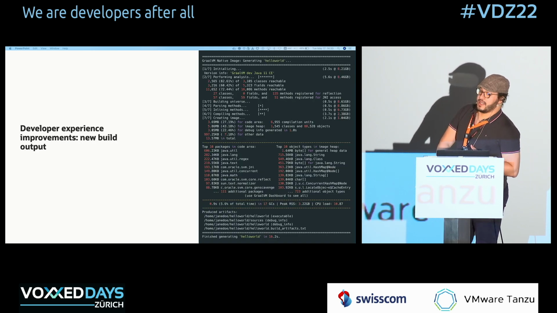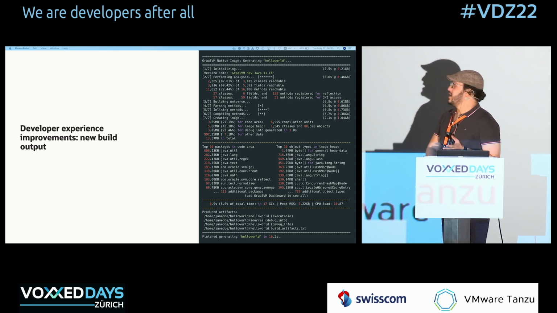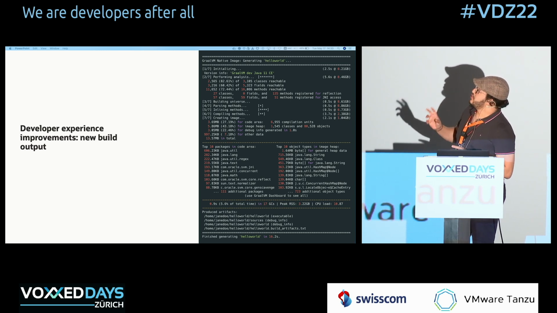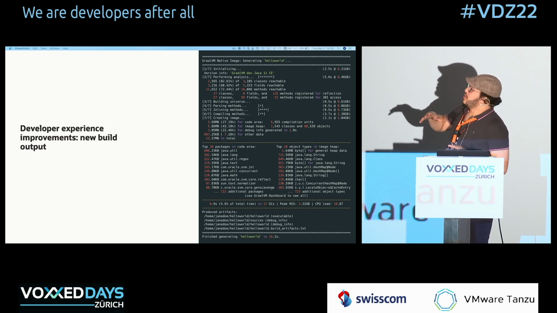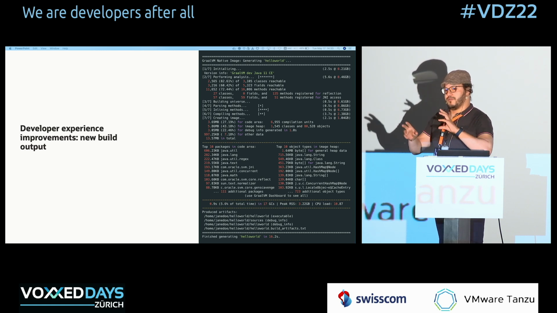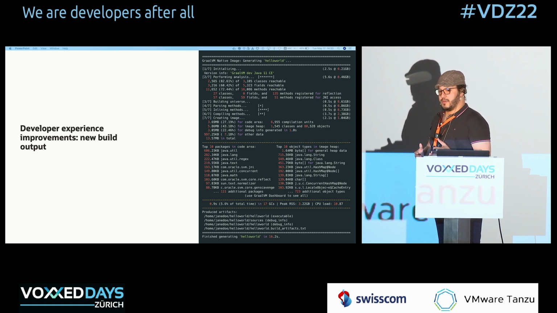Other things we provide to give you some insight into the content of your native image is part of the content that usually is part of the Graal Dashboard. Basically, it will give you where most of the size or resources are used in your application.